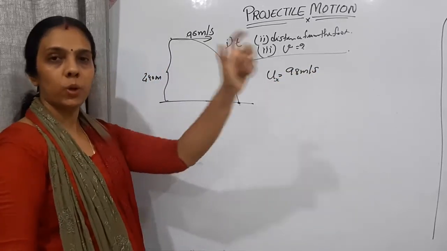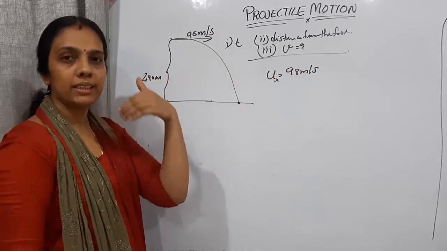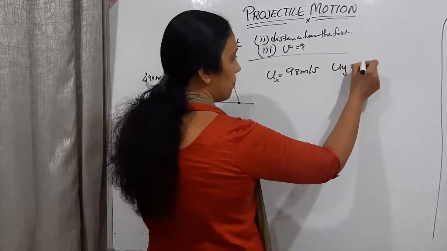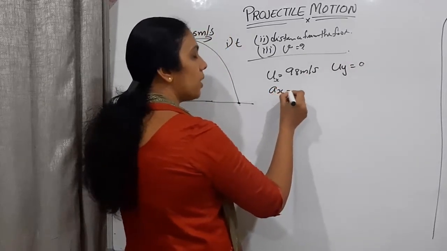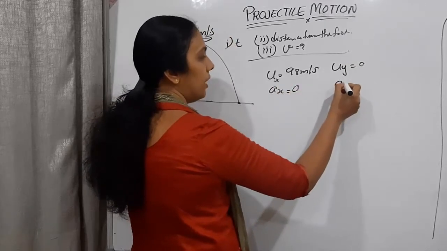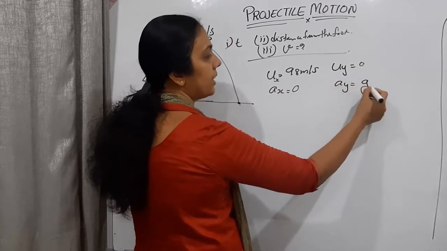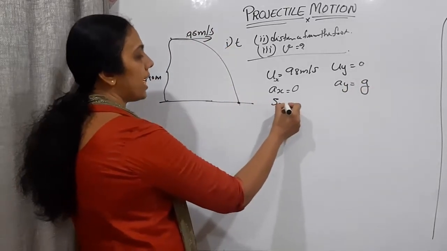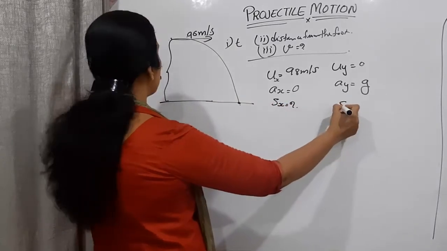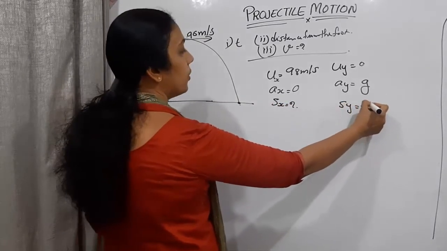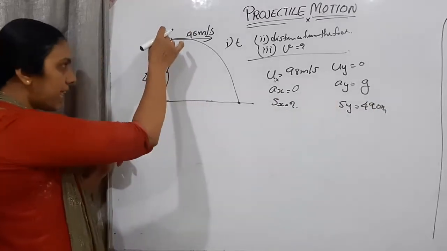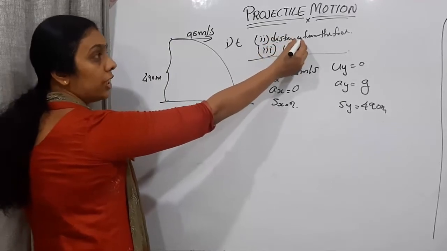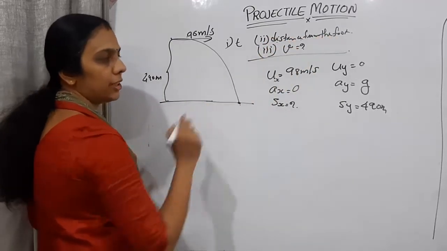It is thrown horizontally, so is any velocity vector there along the y-axis? No. Therefore uy equals 0. Is acceleration acting along the x-axis? No. But along the y-axis acceleration is acting, that is g. Here the displacement along the x-axis we don't know, and along the y-axis we know it is 490 meter. This is the y-axis and this is the x-axis.